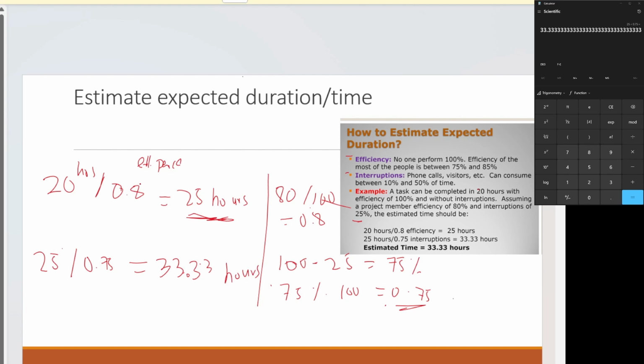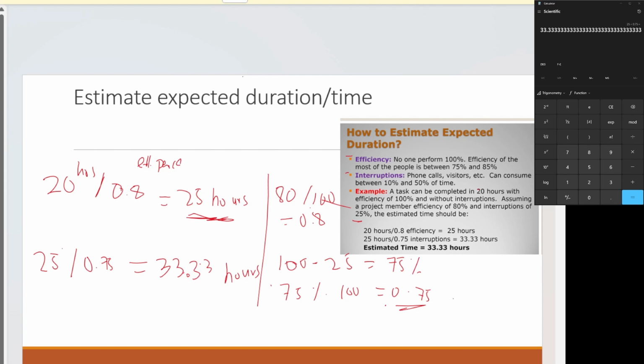So to do a task which requires 20 hours with 100% efficiency, the person would take 25 hours, and then we calculate again with interruptions. With interruptions of 25%, it would take them 33 hours, 20 minutes to do the task.